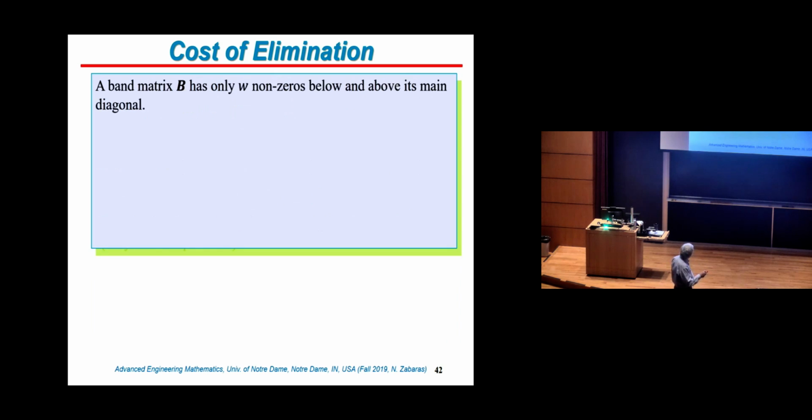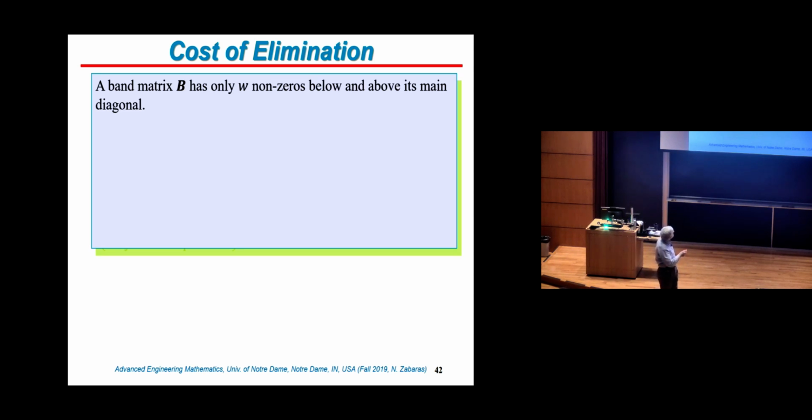Now, the good news is, if somehow the matrix that you try to do LU decomposition on is banded, and a banded matrix means it's only non-zero around the diagonal. And half of the width is called the bandwidth of that matrix. When you do finite elements, for example, all the matrices are banded because the interactions are local, okay?